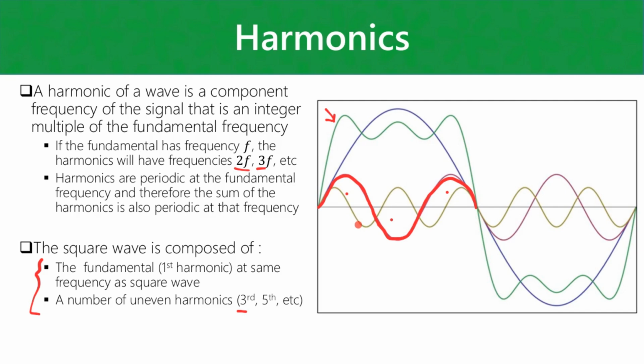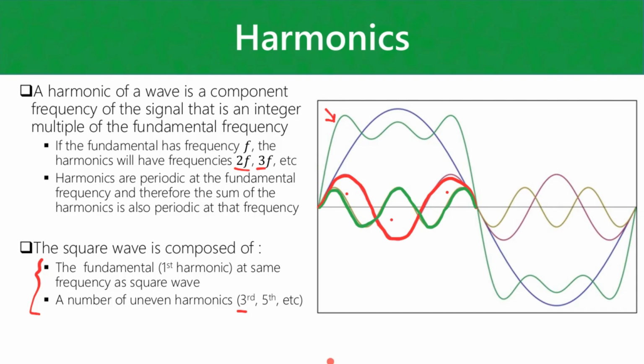And you guys should also notice a trend here, is that the harmonics' magnitude is the reciprocal of, not really the reciprocal, how can I put this? So it diminishes by the harmonic.